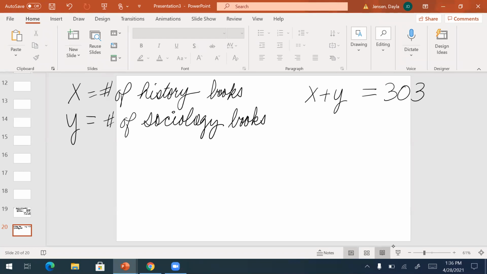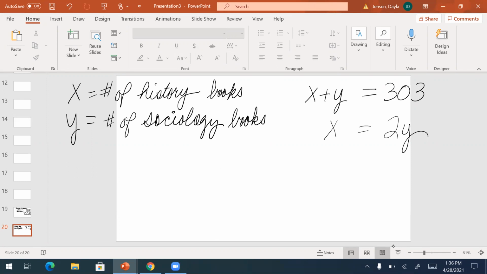The next sentence says the number of history books sold. So the number of history books sold, X, was 2 times the number of sociology books sold. So there's my second equation. Now I have 2 equations, 2 variables.